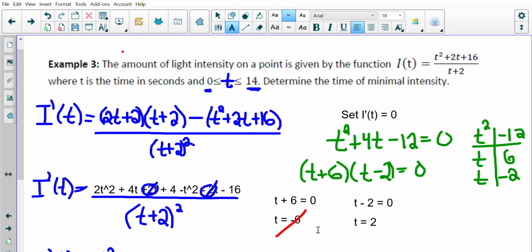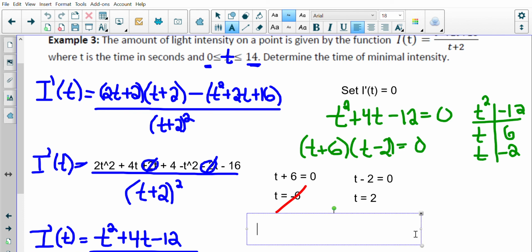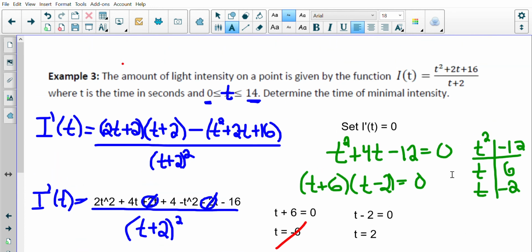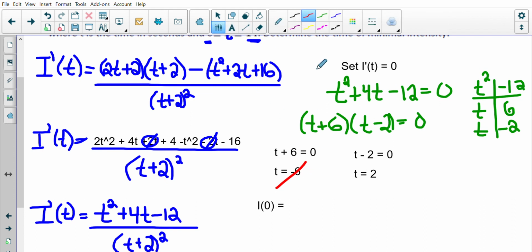All right, so let's see here. So let's go with I of 0 first. Seems like always the easiest. And what are we going to have? I of 0. On the top, we'd have a 16, and on the bottom, we'd have a 2. 16 divided by 2. So I of 0 is going to be 8. All right. Wouldn't that be nice if they're all that easy? All right, so I of 2.